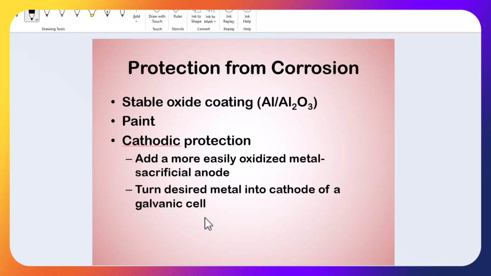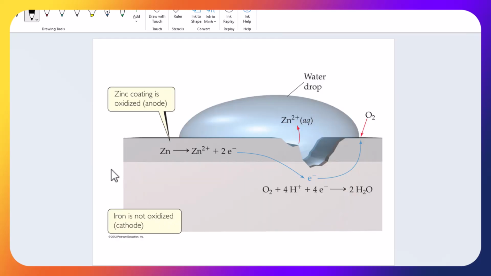We can actually use protection called cathodic protection. On ships, they use these big zinc bars and bolt them to the hulls of iron ships. The zinc is a more active metal than the iron, so the zinc corrodes and the iron does not. We call that cathodic protection. You can also just paint over metals that have a tendency to corrode to try and block oxygen.